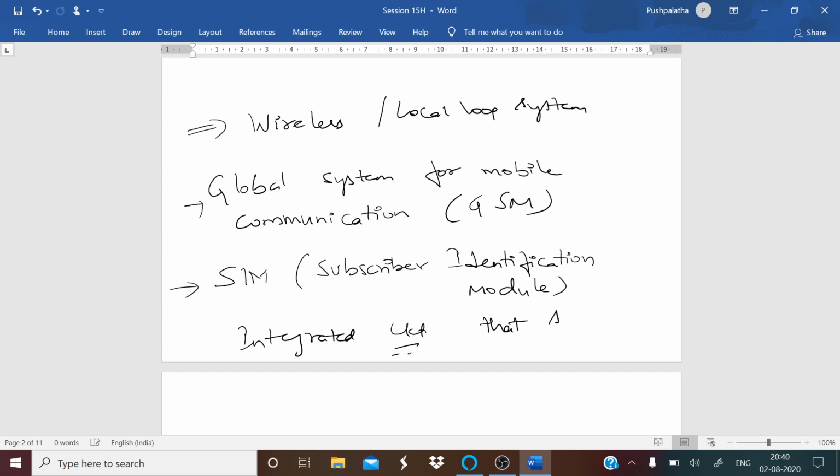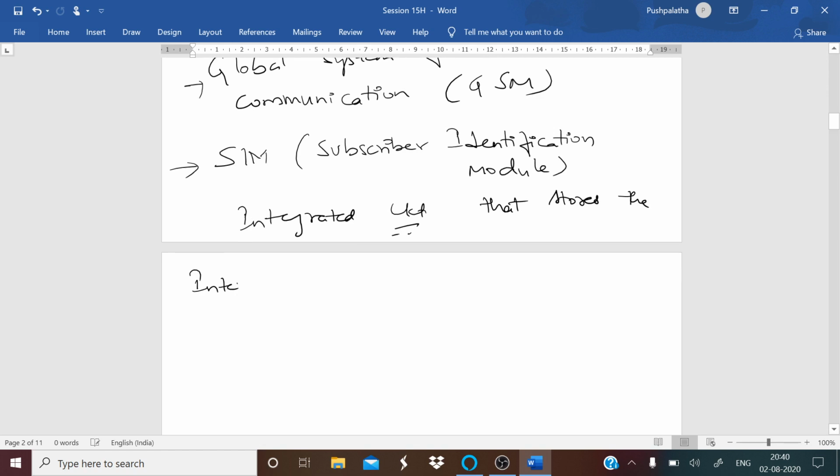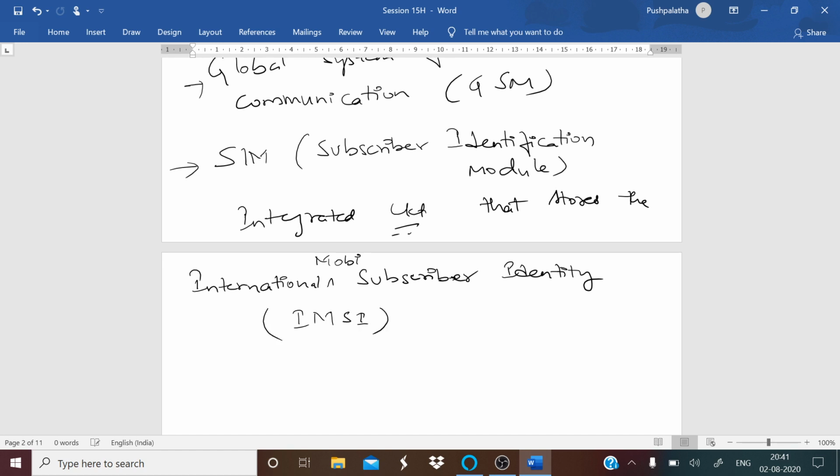International mobile subscriber identity, that is IMSI, and the related keys to identify and authenticate the subscribers on telephone devices such as your mobile phones and computers.